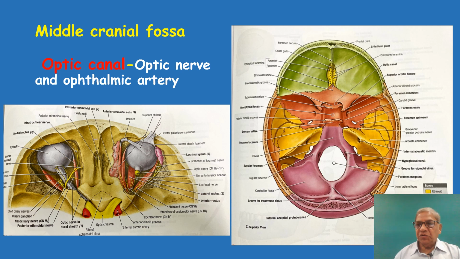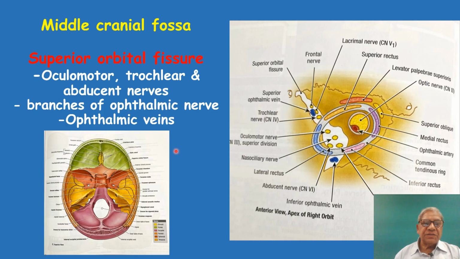Okay, let's move to the next slide, where we can see another question. Just below the free margin of the lesser wing of the sphenoid, there lies an elongated fissure, which is called the superior orbital fissure. And the next question will be, what structures pass through the superior orbital fissure of the middle cranial fossa?